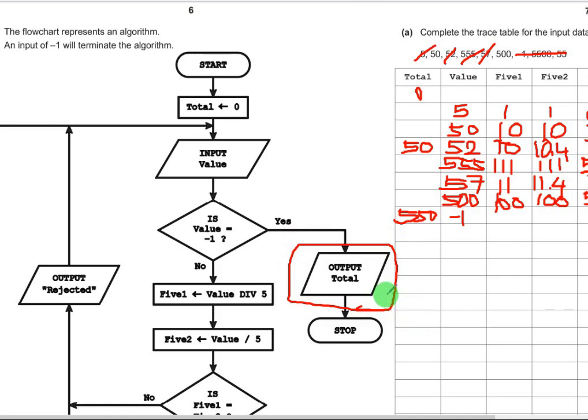It should have output. For example, output the area of the rectangle, or output the average of the test mark, or anything. Just look at one step before the stop. It usually gives an output, and this one describes the answer.